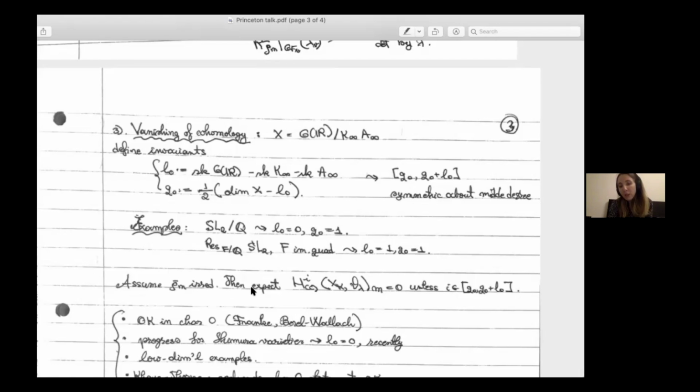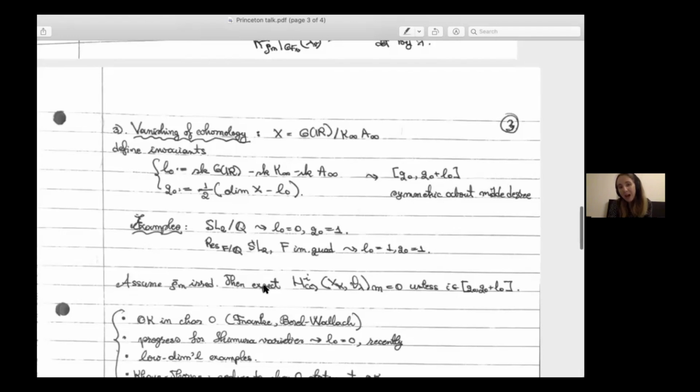Then what you expect is that after localizing at a non-Eisenstein maximal ideal, so after localizing at something for which the Galois representation is irreducible, you do not see the cohomology in the full range of degrees, but rather the cohomology is just concentrated in this restricted range of degrees that is symmetric about the middle and that has length l_0.